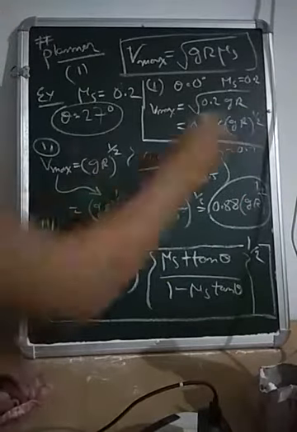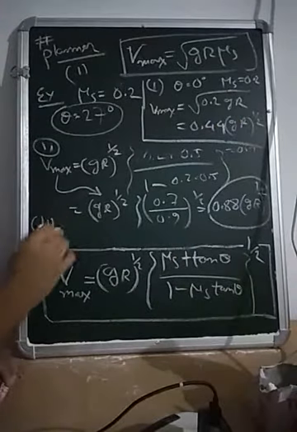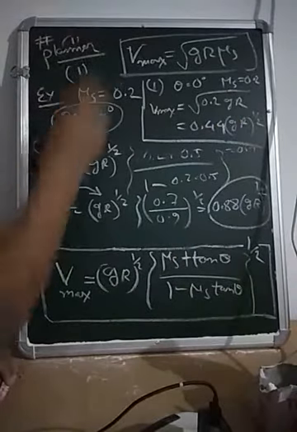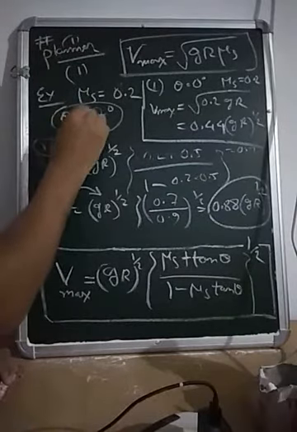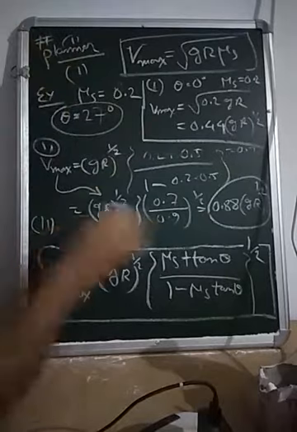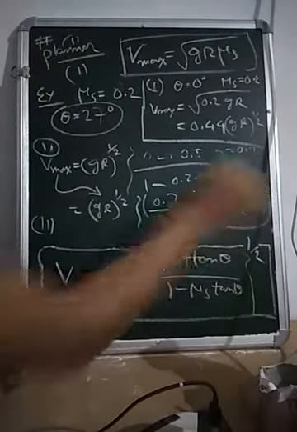So see, in case of a banked road, where the banking or inclination of the road is 27 degrees, the maximum velocity will be 0.88 into g r to the power half.